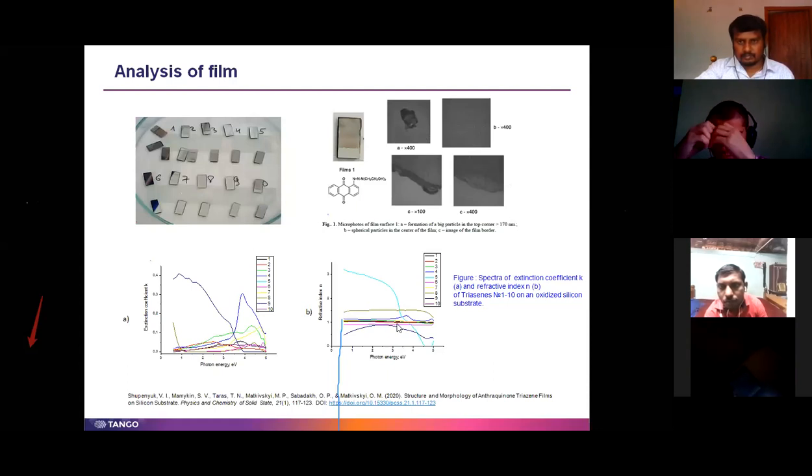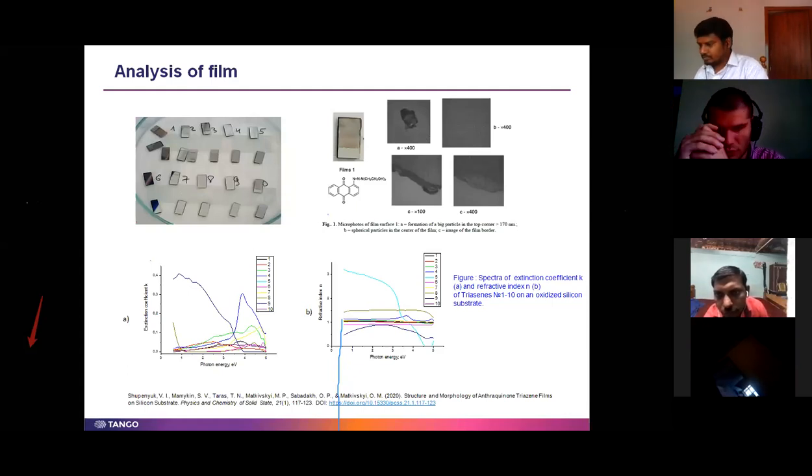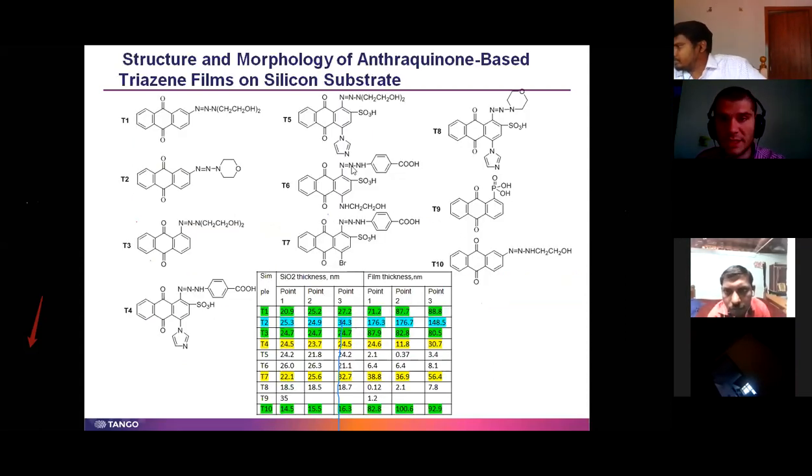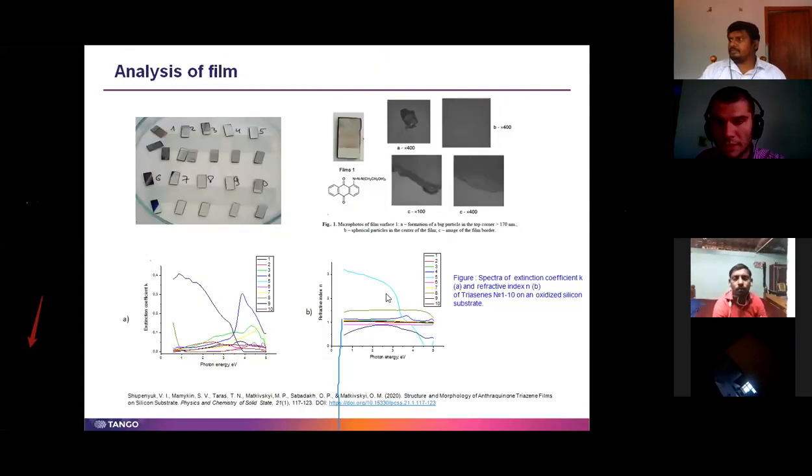We have obtained it by spectra of voltaicity, and now we are investigating what the substituents of triazines have defined.